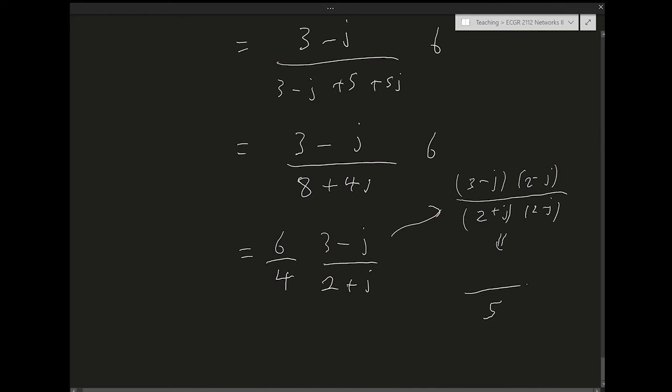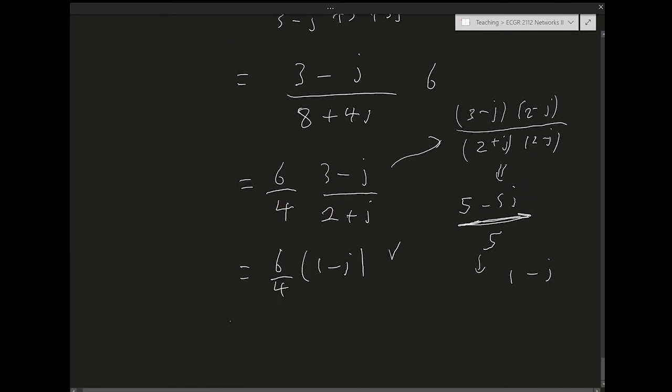The numerator is going to be 3 times 2, 6, minus j times minus j, minus 1, so it's 5. And then minus 2j minus 3j is minus 5j. So I end up with this being 1 minus j. So I end up with 6 over 4, 1 minus j volts. Divided by 1 ohm to get amps, I0 double prime is going to be 6 over 4, 1 minus j amps.